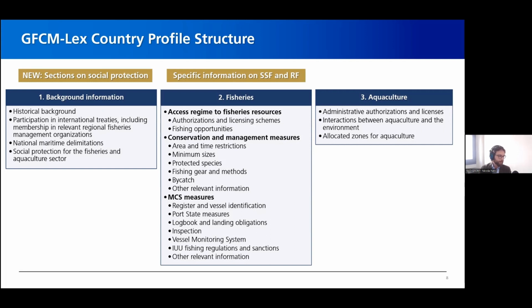So we have background information, which includes historical background, national maritime delimitations, and information of this sort. Then we have fisheries and aquaculture, and these 2 other subsections are themselves divided into access regime for fisheries resources, conservation management measures, and MCS measures, whereas aquaculture looks into the zones allocated for aquaculture and administrative authorization and licenses.